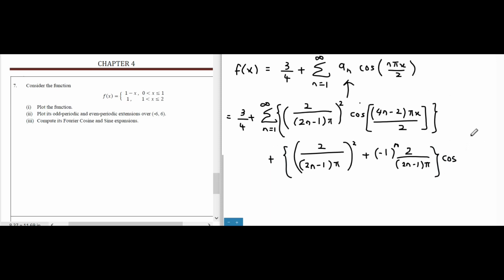So the odd number is... so there is something which we can simplify from here. 4n minus 2 over 2.